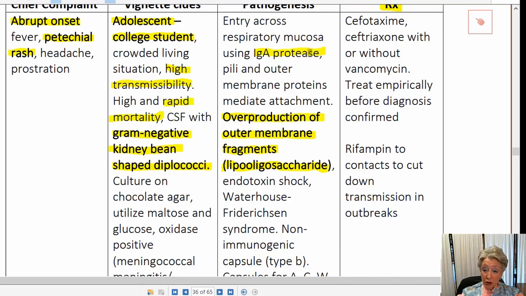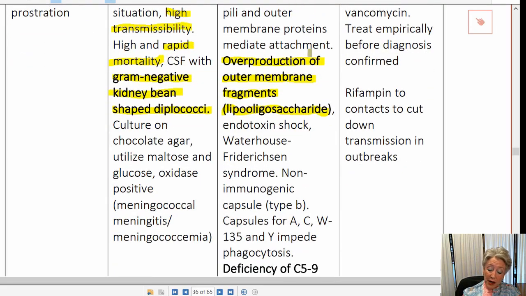That allows it to destroy the local immunity, so that as it moves from the oropharynx into the blood, it then uses its capsule to protect it against neutrophilic destruction and manages to make it to the blood-brain barrier and pass. So, endotoxin shock, terminating in what we call Waterhouse-Friderichsen syndrome, where the adrenals are simply converted into sacs of clotted blood.